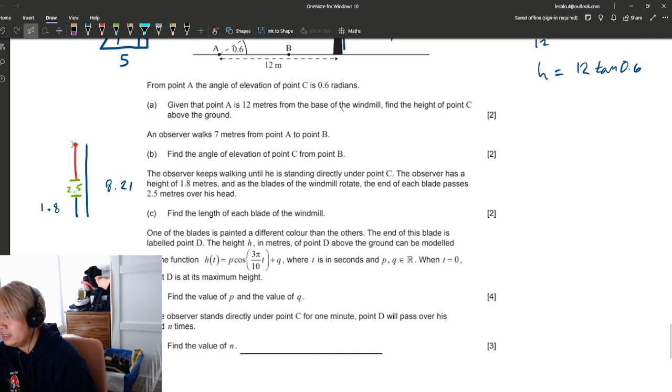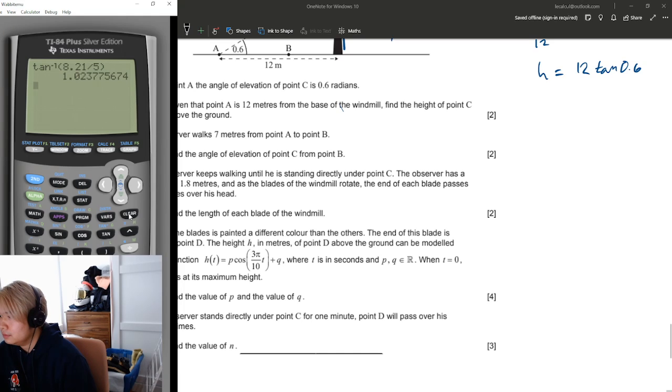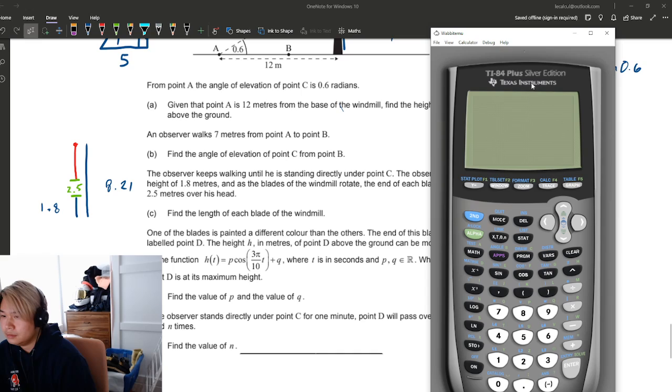And we want to find the length of red. So that's easy enough to do, right? We just take 8.21, take away 2.5, and take away 1.8. 8.21 minus the green, 2.5, minus the other blue, the height of the person. So 3.91.